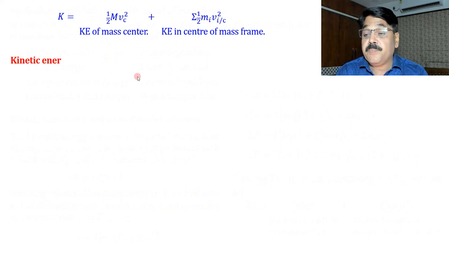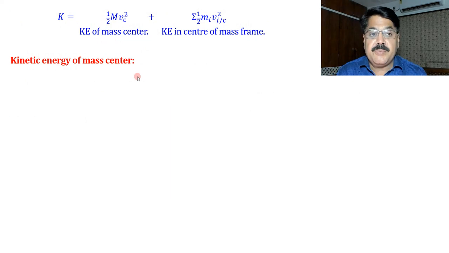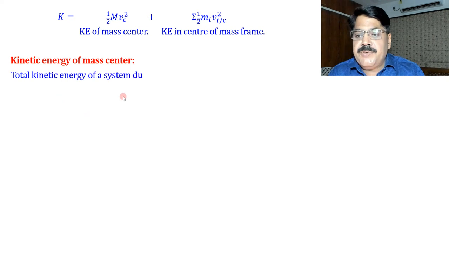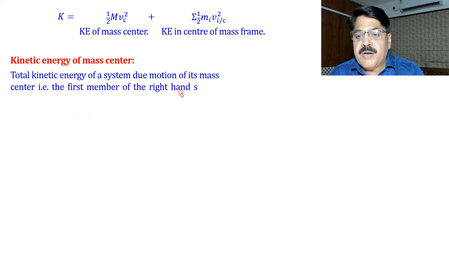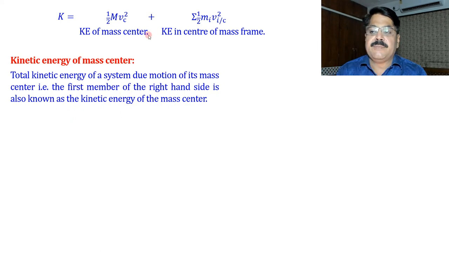First we discuss the kinetic energy of the mass center, meaning the kinetic energy of the system because of motion of the mass center. Total kinetic energy of a system due to motion of its mass center, that is the first member of the right hand side, is also known as the kinetic energy of the mass center, as we have explained earlier.